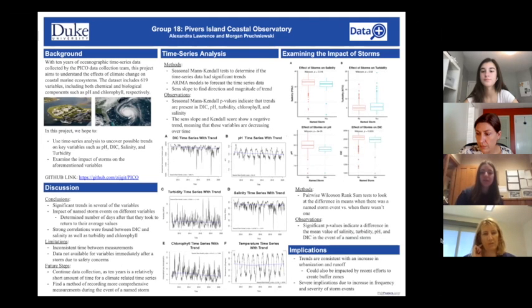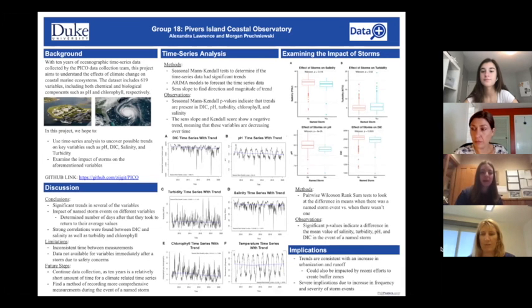We also found strong correlations between dissolved inorganic carbon and salinity, as well as turbidity and chlorophyll. And our biggest limitations would probably be the inconsistent time between measurements, as well as data not available immediately after a storm, because storms became one of the major focuses of our project.